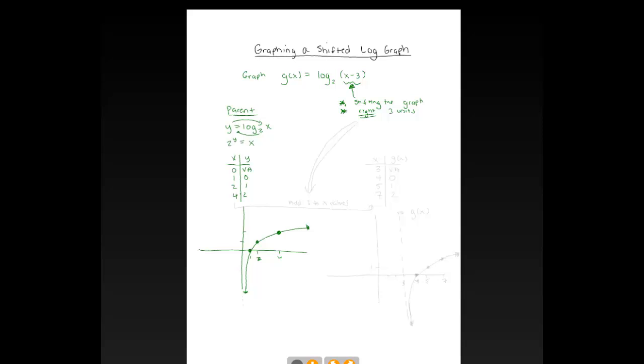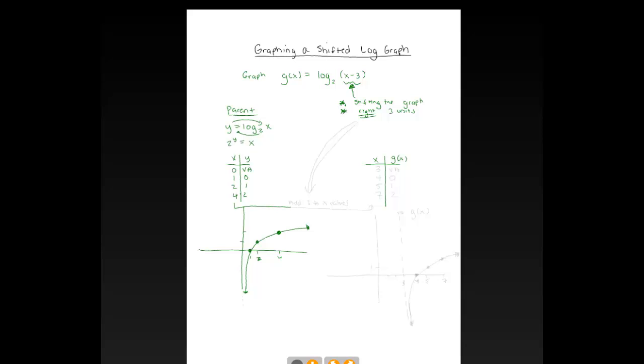It's an important observation. So here's how I like to do it. Some people do all these transformations right from the graph, but I always get confused. So I just transform from the table. So here's my new table. If I'm going to shift my parent function right 3 units, that amounts to adding 3 to all my x values.